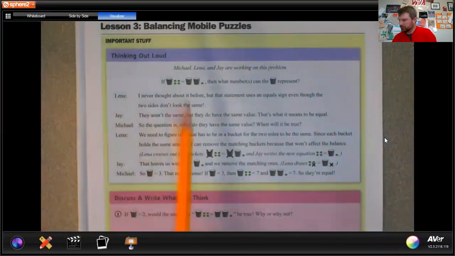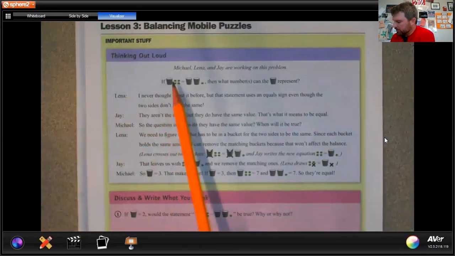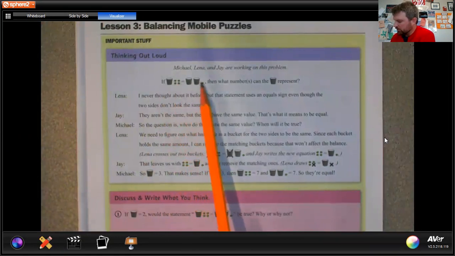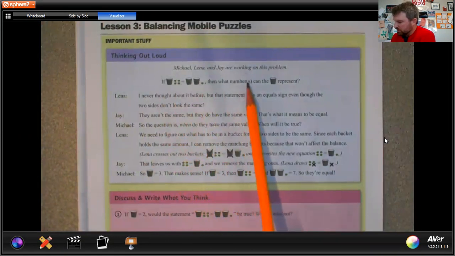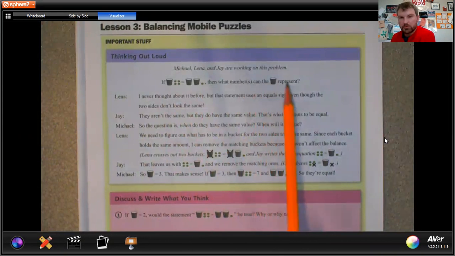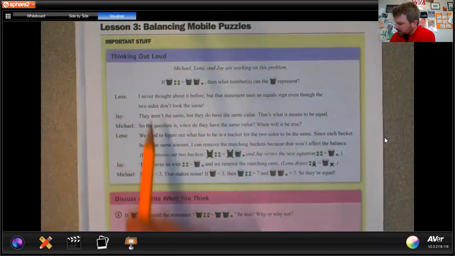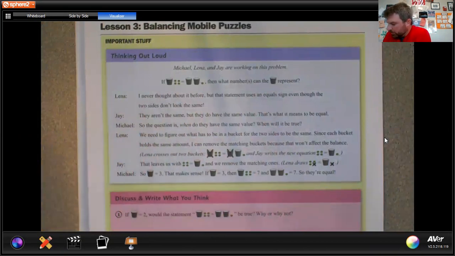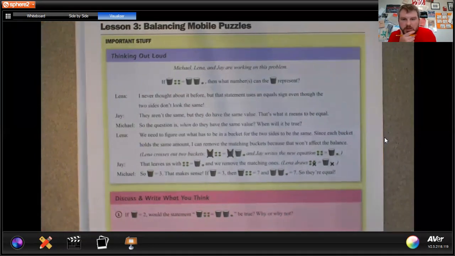So it says, if 1 bucket and 4 marbles equals 2 buckets and 1 marble, then what number or numbers can the bucket represent? I never thought about it before, but that statement uses an equal sign even though the 2 sides don't look the same.